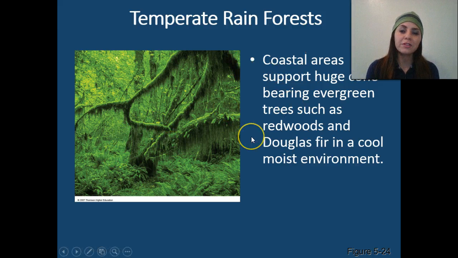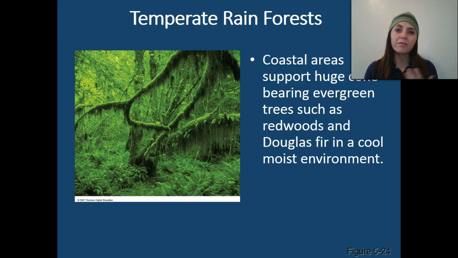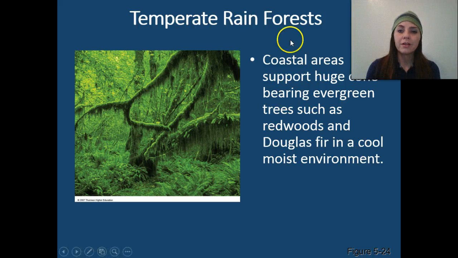Next we're going to move on to temperate rainforests. These receive a little bit less rain, and they also have a cooler temperature. They're located in coastal areas that support huge cone-bearing evergreens such as redwoods and the Douglas fir, and again they're in a cool, moist environment.